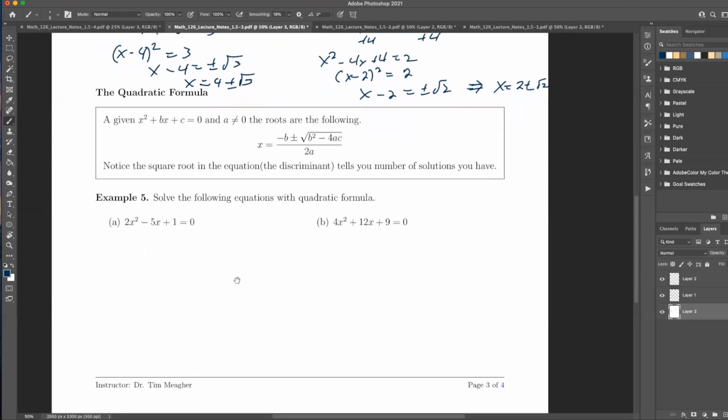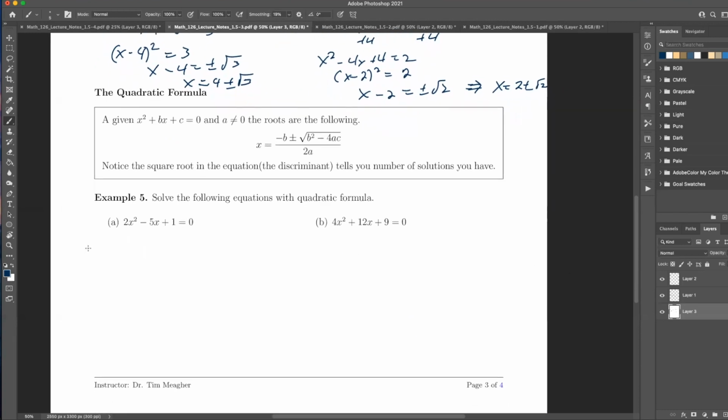All right. So the nice thing about this is you don't have to factor, you don't have to do anything. As long as you have a zero on this side, you just crunch through it. So here we'll have negative b, in this case positive 5, plus or minus the square root of b squared, so 25, minus 4a, which in this case is 2, times c, which in this case is 1, divided by 2a, which is this.